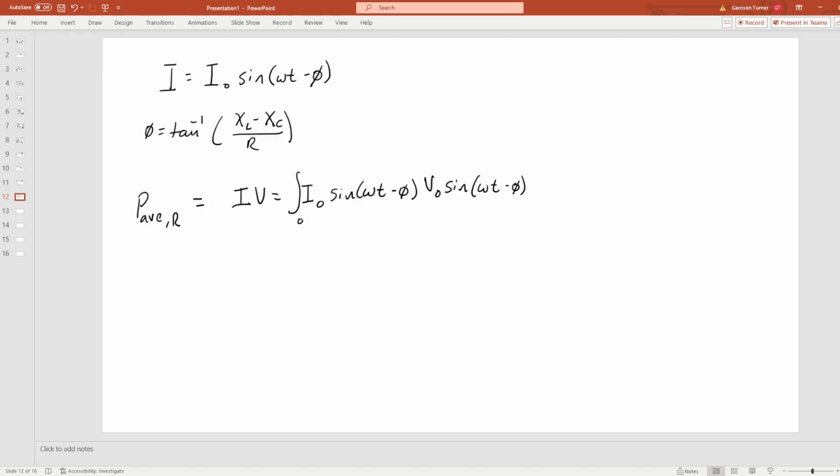So we do our integral over one period and then divide by the period. I can pull out my I naught and my V naught since they're constant, add my dt, and this becomes sine squared of omega t minus phi dt. We've already seen what this integral is. This is just 1/2 of the period.